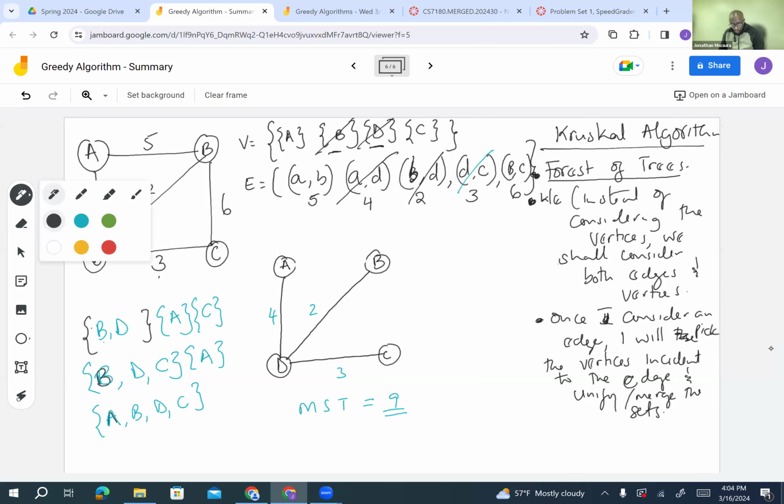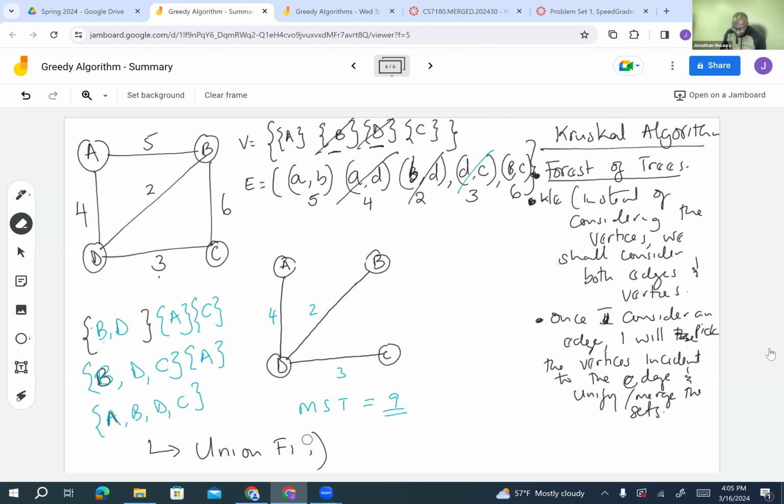So we are essentially utilizing a data structure that allows us to not create cycles, or to be able to detect cycles. The data structure that we use to do this is called disjoint sets, or union-find.